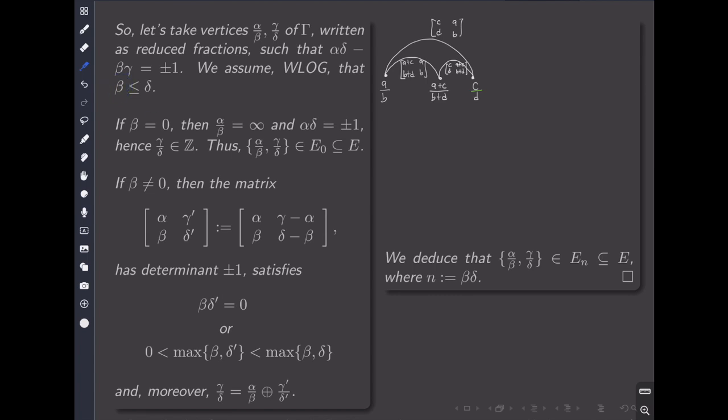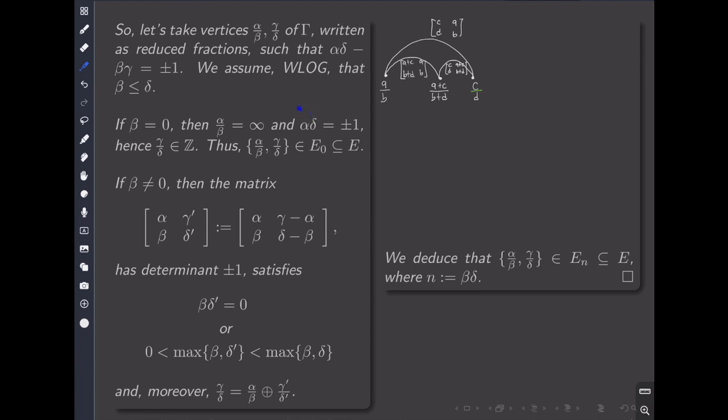Now, if that one is 0, then delta cannot be 0, because otherwise the determinant would be 0. If beta is 0, then alpha divided by beta is infinity, and the determinant is just alpha delta, which is plus or minus 1.